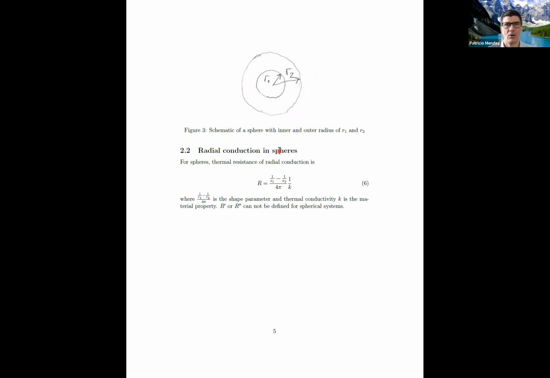linear ordinary differential equation, which is very easy to solve by integrating twice, and it's done in the book in the sections that are marked here. And using the definition of resistance, resistance is delta T over Q, you end up with this formula for resistance, which is tabulated in all the previous formula sheets that you're going to find from previous years' exams.